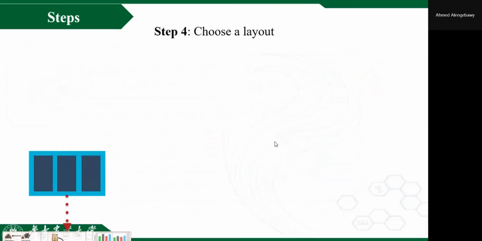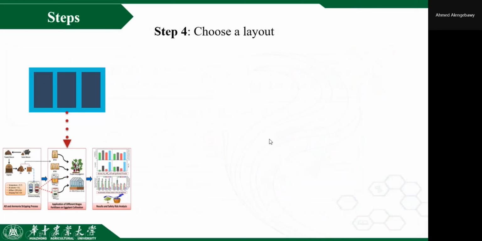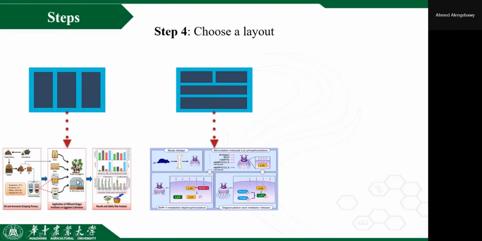The fourth part is to choose your layout. It is important to determine your layout here. The first layout is three parts beside each other, like this example. The second one is up and down, like this.